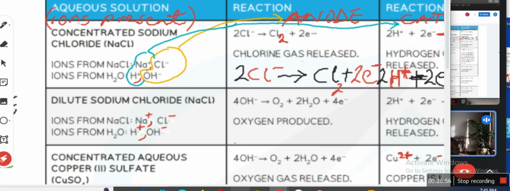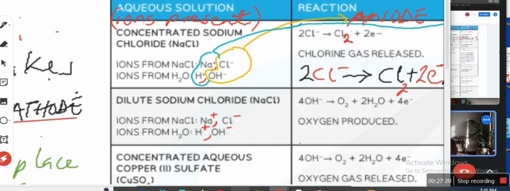For metals, such as sodium and hydrogen, the ones that are lower in the reactivity series will be preferred. Let's go to the reactivity series and see.